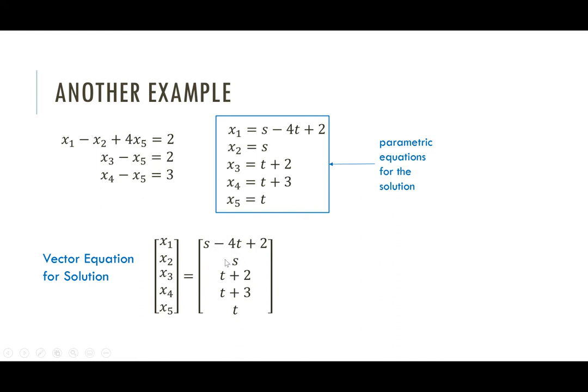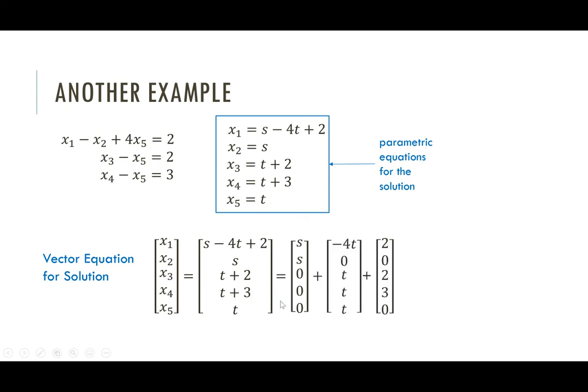So we'll make a vector of everything with s in it. So we've got s, s, 0, 0, 0, because there's one s here, and 0 s's in the last 3. For our t parameters, we've got minus 4 t's in the first one, 0 t's in the second, and then 1 t in the third. So that corresponds to that vector.